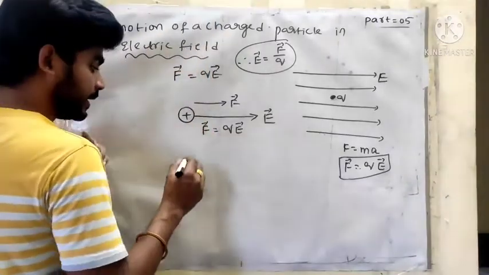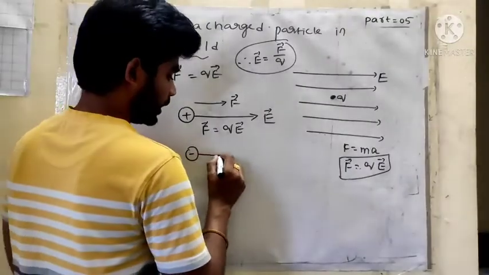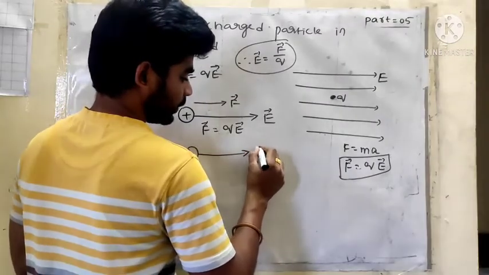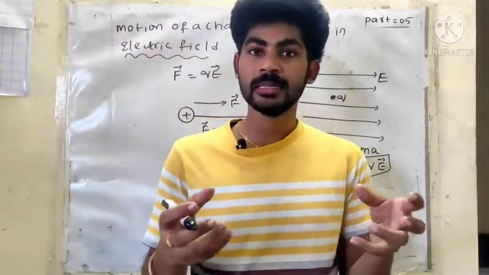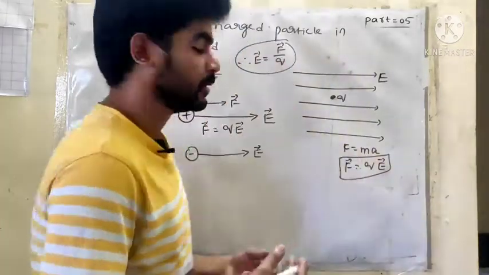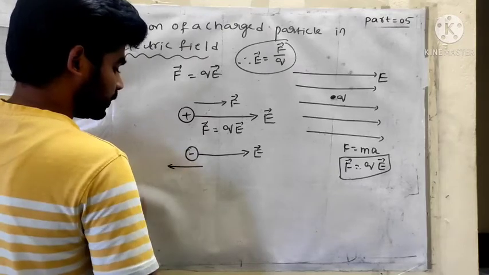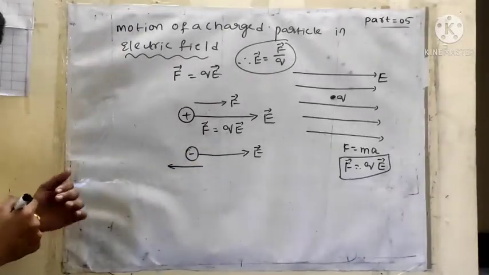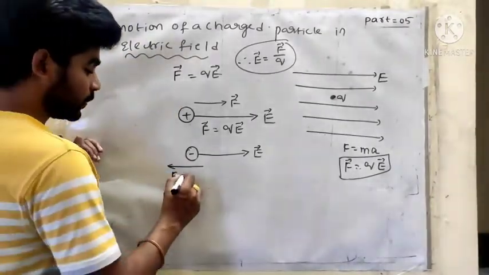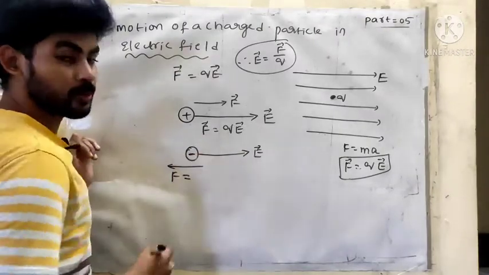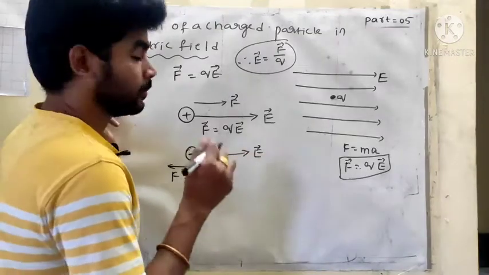But here I am taking a negative charge. For the negative charge, the electric field line acts this way, but a negative charge means the force acts oppositely. So the negative charge experiences force in the opposite direction. In physics we show opposite with the symbolic notation minus.